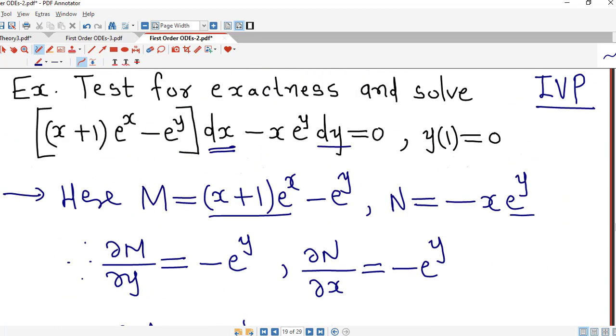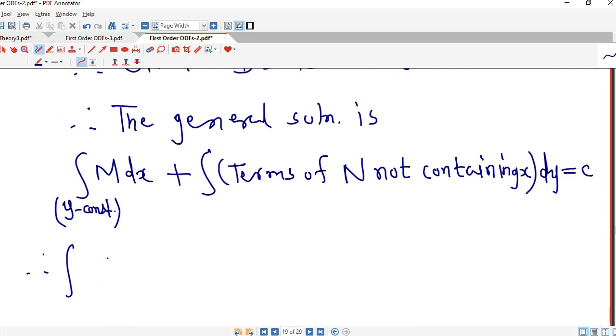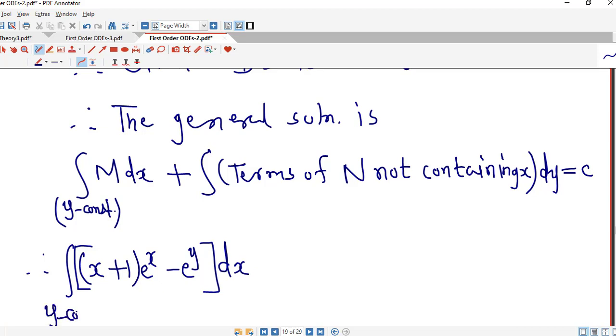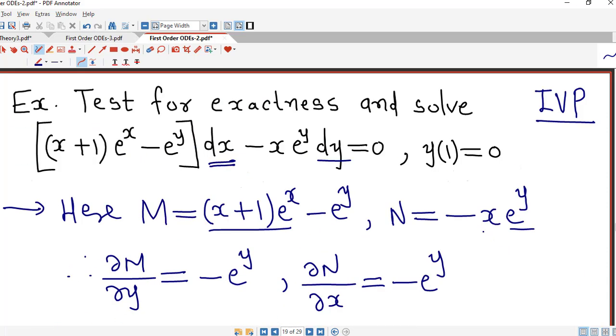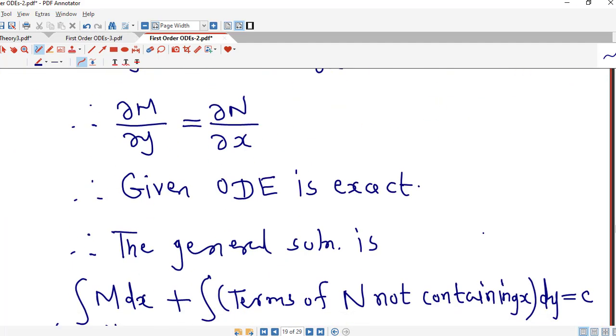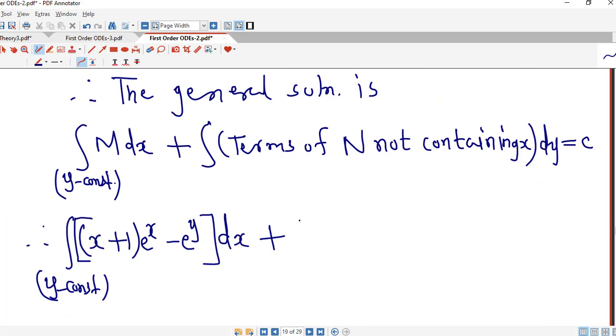Capital M is (x plus 1) e raised to x minus e raised to y. Capital N has only one term, and this term depends on x, so there is no term in capital N which does not contain x. That means 0 dy equal to c.